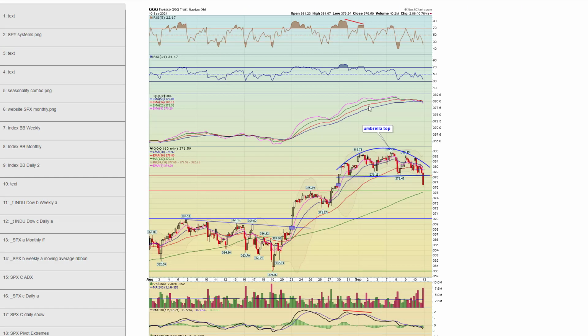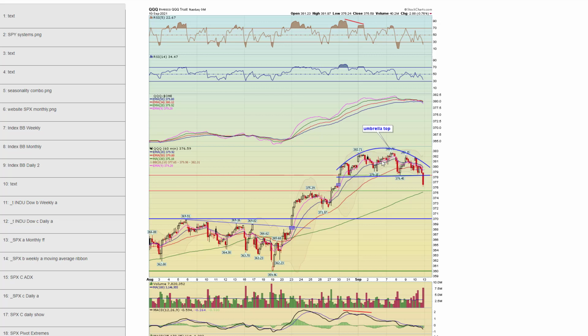Chapter 29, here's the 60-minute view of the triple Qs. Now, this is something I posted on Friday that we had, and Thursday as well. We had this potential rounded top on the triple Qs. And you could see this started playing out on Friday. We lost this support. So it's an umbrella top, sort of like a complex head and shoulder type pattern.